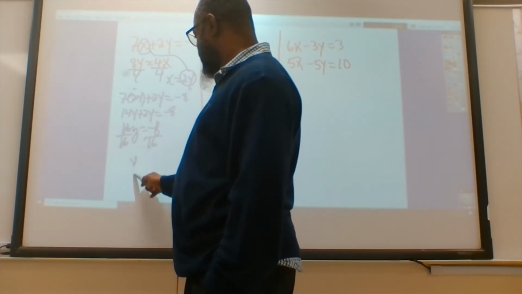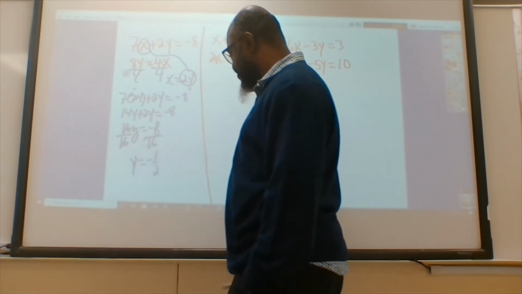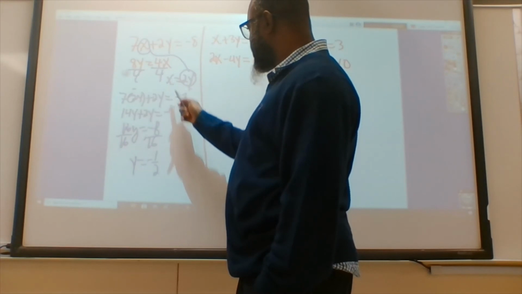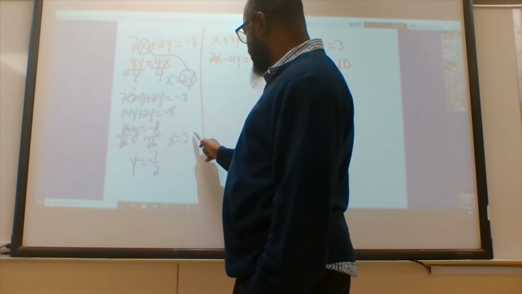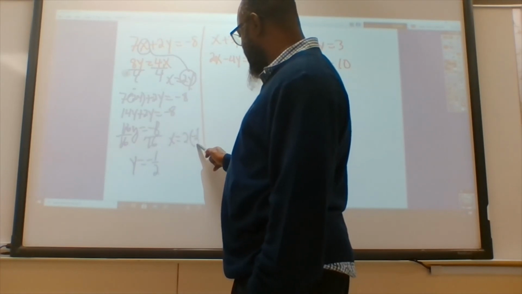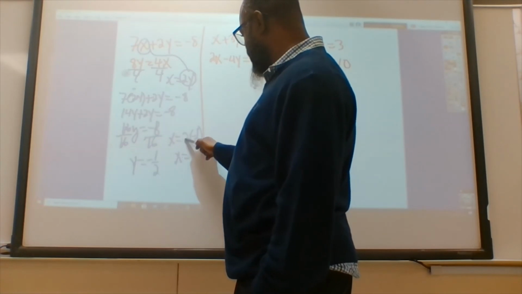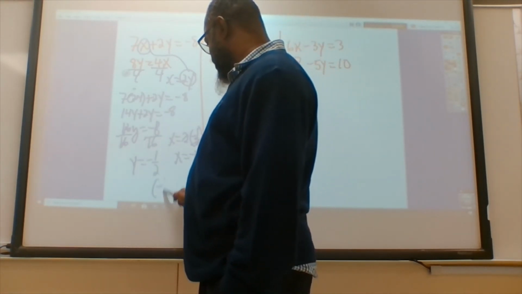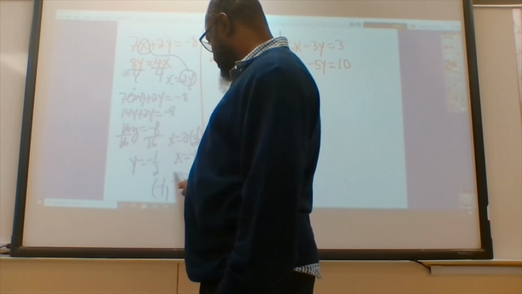In this case, y is -1/2. So when I'm looking for my x, I can come here where it says x is equal to 2 times y, 2 times -1/2. So in this case, x is -1. These two cancel with that 2. x is -1. When x is -1, y is -1/2. This is the solution of the system.